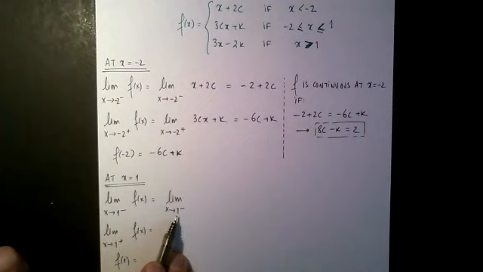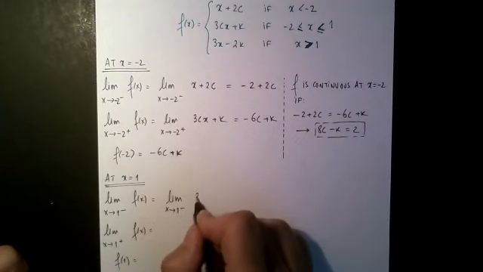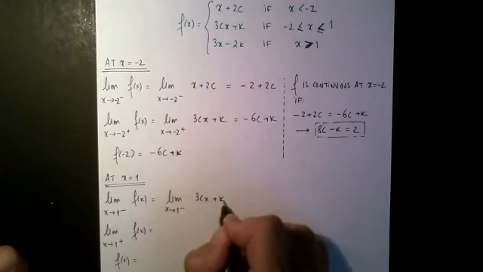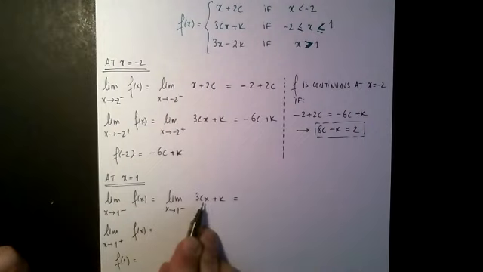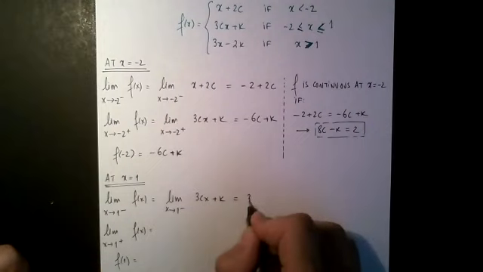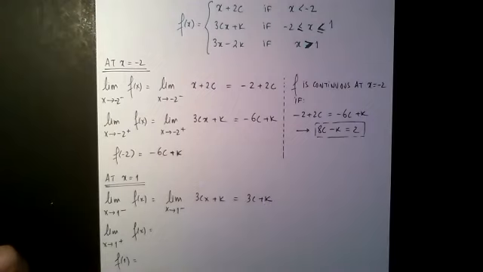If I approach x to 1 from the left, which function do I use? The second function, very good. So 3cx plus k, plug in 1 in the x, I get 3c plus k. And 1 from the right, of course, I'm going to use the last function. So 3x minus 2k, and so I get 3 minus 2k when I plug in x equals 1.